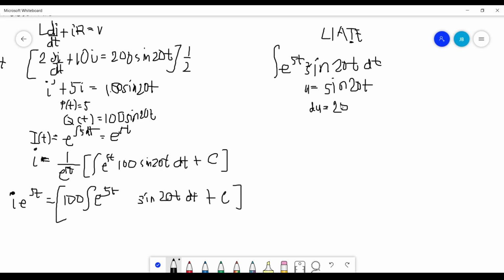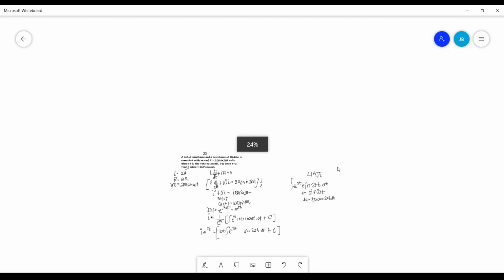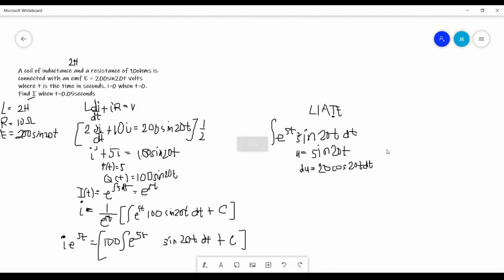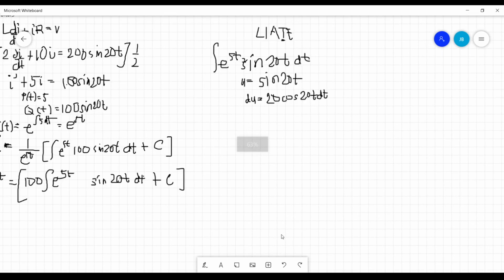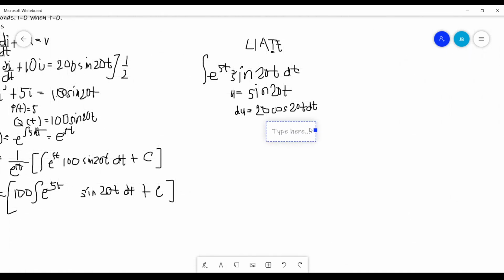That's 20 cosine 20t dt. Okay, so dv is what? Can I move this one? Wait, I'm very new to this. So dv is equal to e raised to 5t.